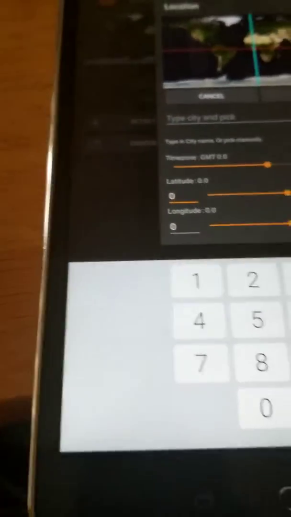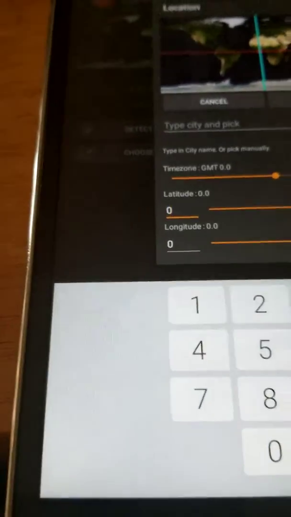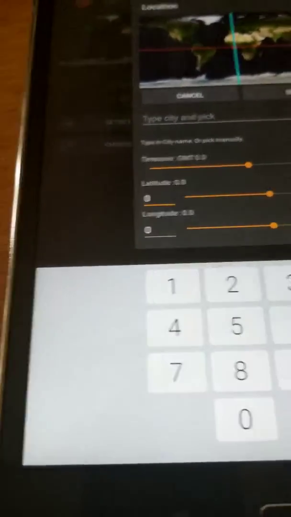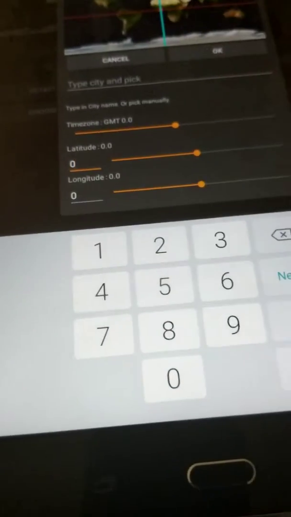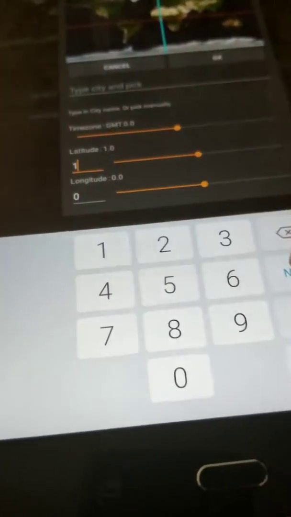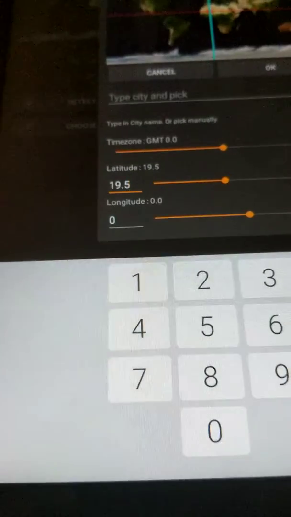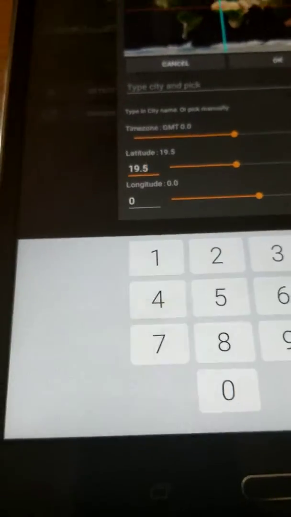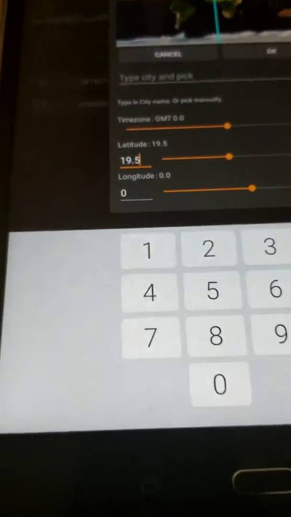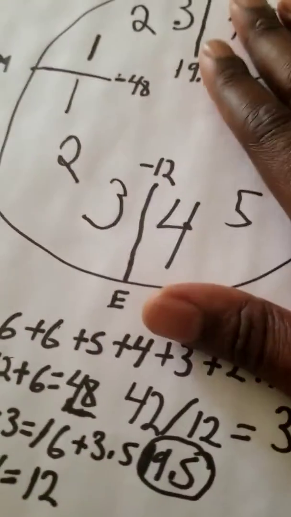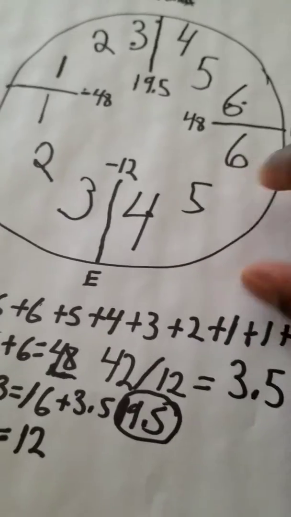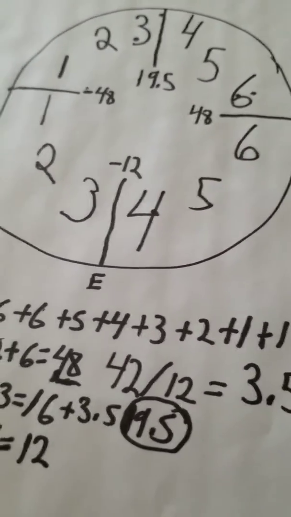I need the actual spots. So 19.5 is that actual line that I'm looking for, because it never misses. Sometimes, some years, if you use an actual city, it's going to miss, but a line will never miss. So that's why I'm using these actual numbers instead of a particular city.